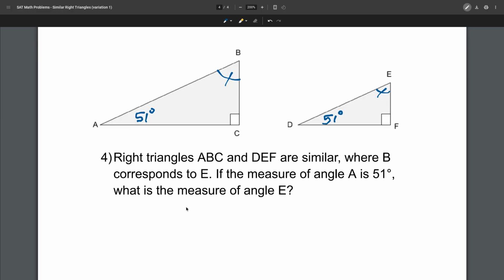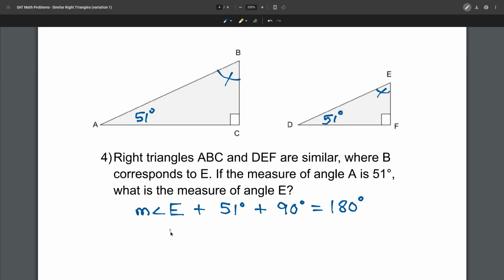Okay. To figure out the measure of angle E, we're going to do the measure of angle E plus 51 degrees plus 90 degrees equals the sum of the interior angles of a triangle, which is 180 degrees.